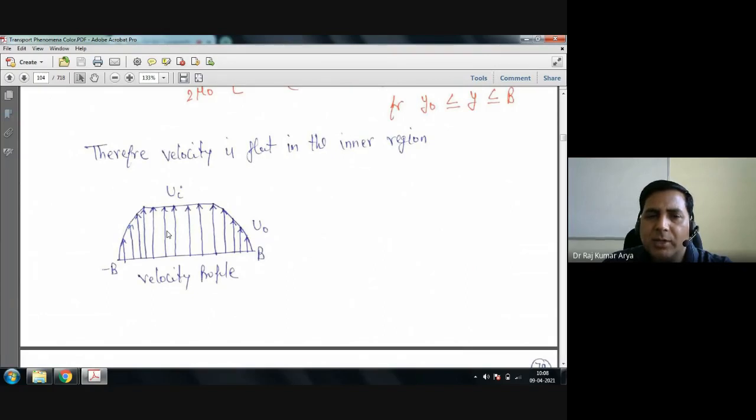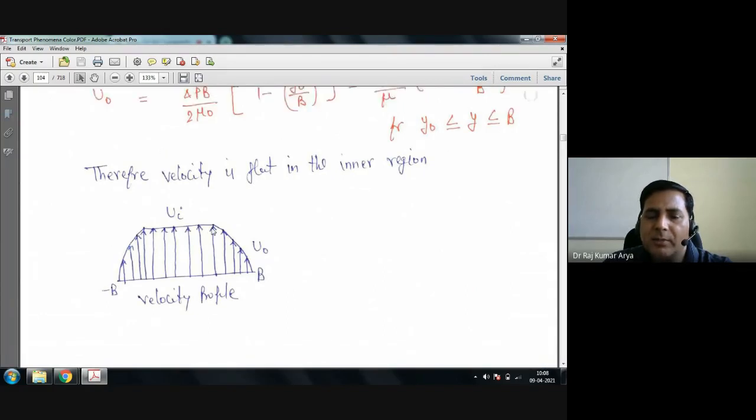Now let's say you want to make the entire velocity profile flat. What can be done? When can it be flat? In which category does this flat profile come? Have you seen it in reactors and so on? Most of the time, you need turbulent flow.